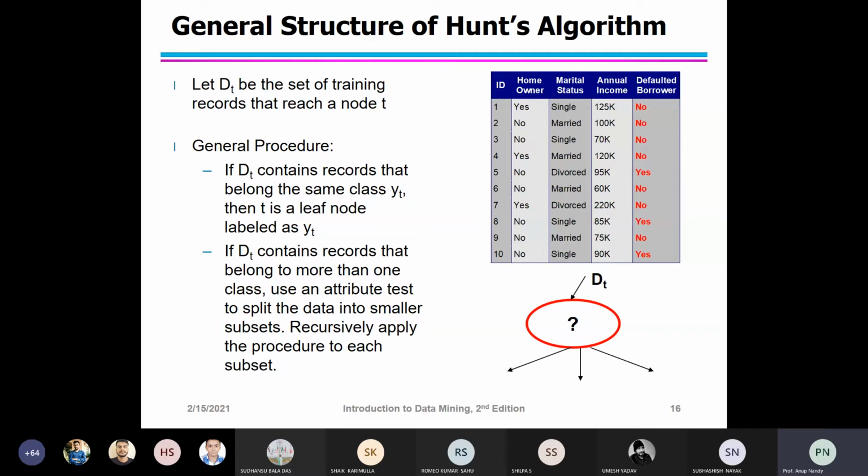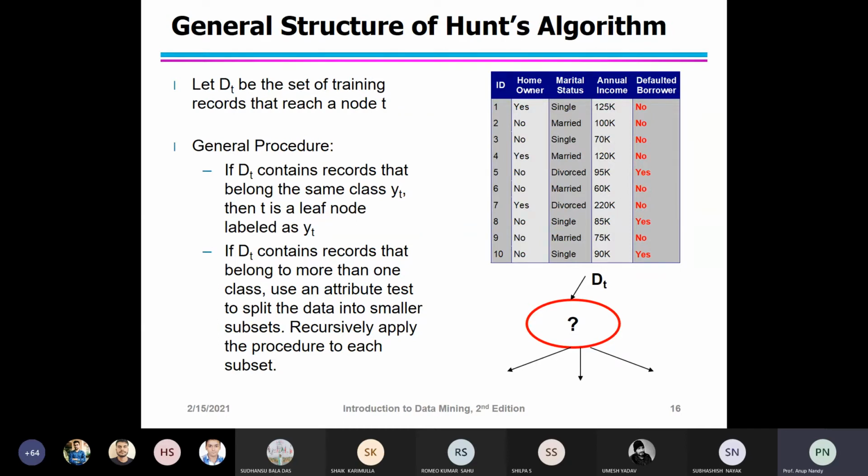Your job is to consider a problem with the attributes homeowner, marital status, annual income, and defaulted borrower. Whether the person is to be called a defaulter or not.